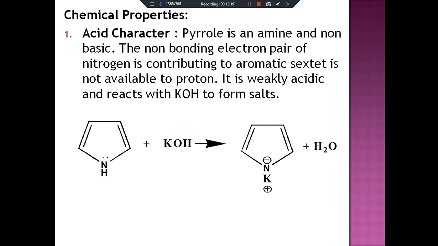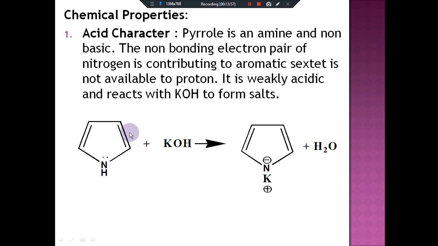Chemical properties. The first one is the acid character. Pyrrole is an amine, a derivative of an amine, and it contains a lone pair of electrons. Even though it contains a lone pair of electrons, these electrons participate in aromatic resonance. That means these two electrons are part of the aromatic sextet, so they are not readily available for donation.